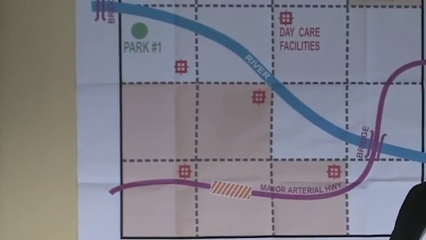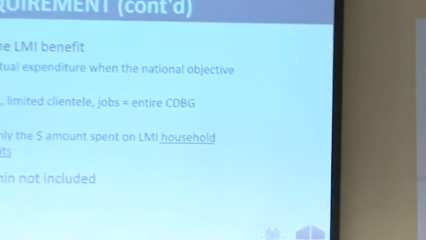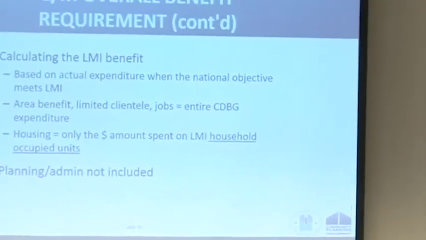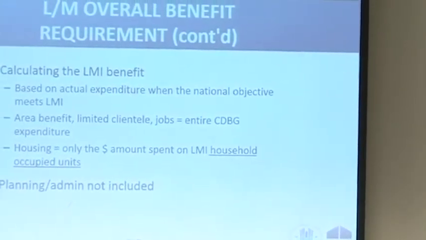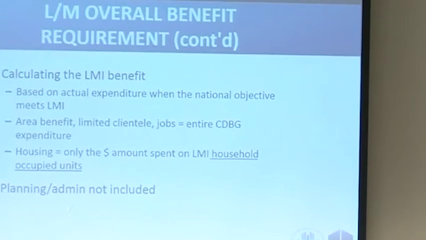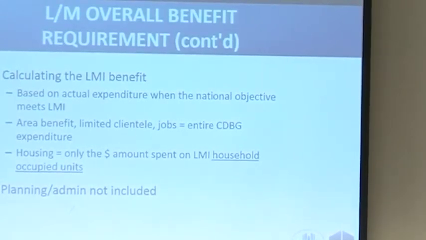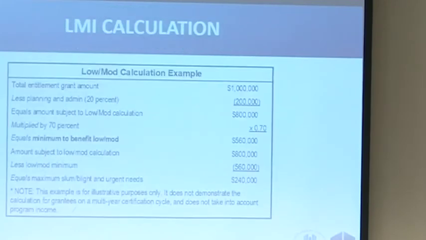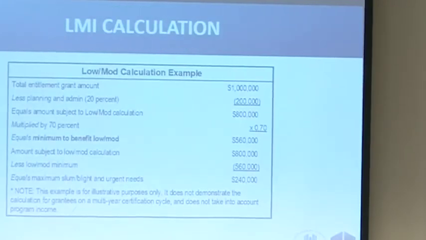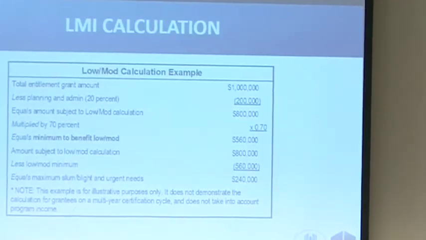Calculating the low mod income benefit based on actual expenditures when objective is met: planning and administration expenditures are not included in this calculation. All right? So let's do a real quick calculation here.